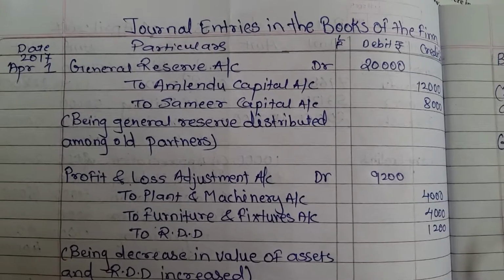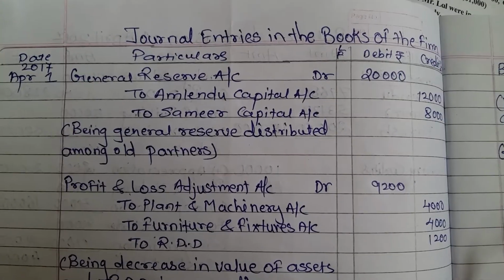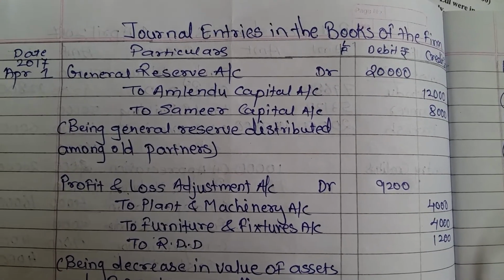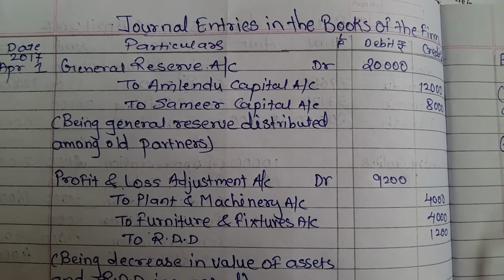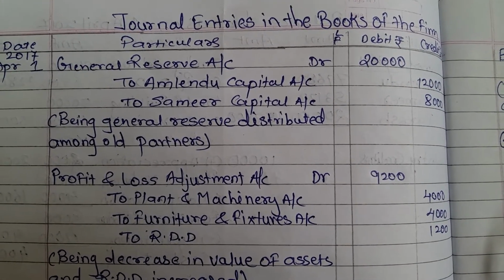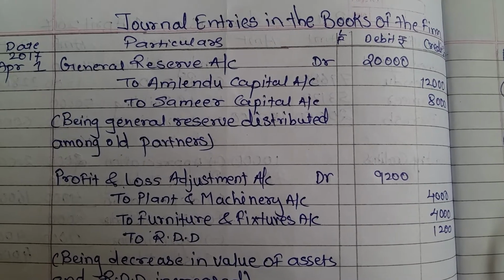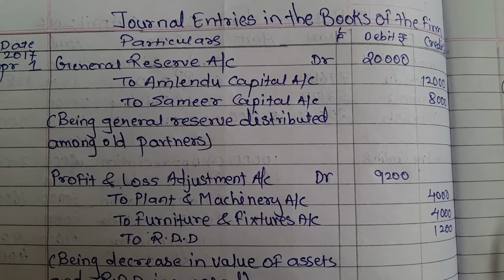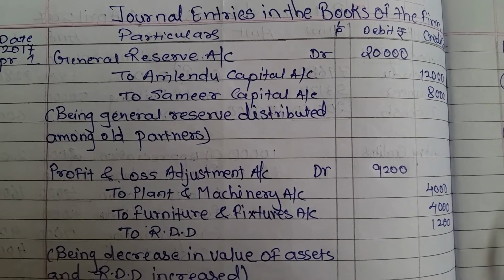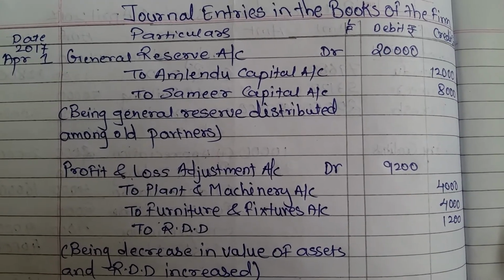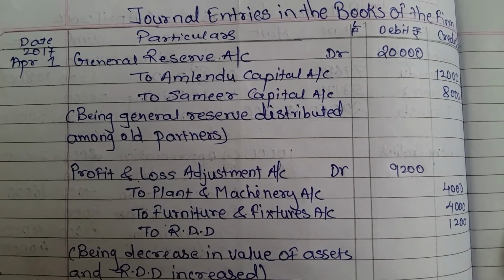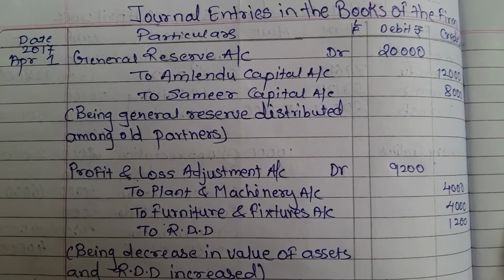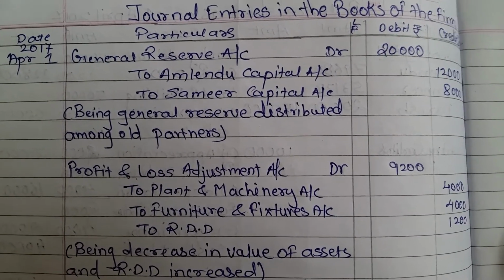So students, we have to pass the journal entries in the books of the firm. But if they ask only for the journal entries, you just have to prepare the revaluation; there is no need to prepare the partners' capital accounts. For your understanding, I am first showing you by preparing all the accounts, and then we will learn the journal entries.